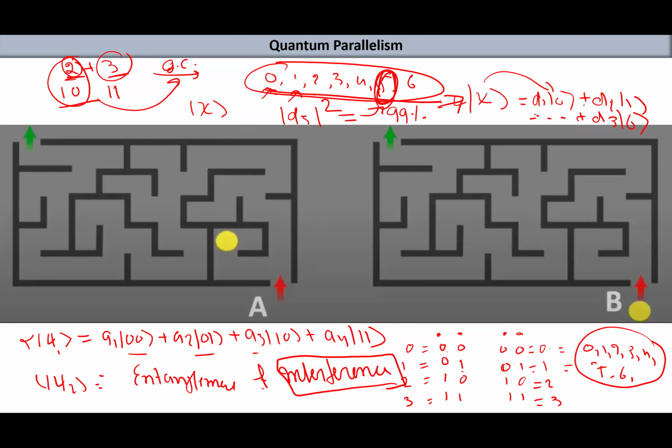So that the probability of the right result becomes higher. And then you do the measurement, and that will give you the highest probability of the right result. I hope this message is clear to everybody.